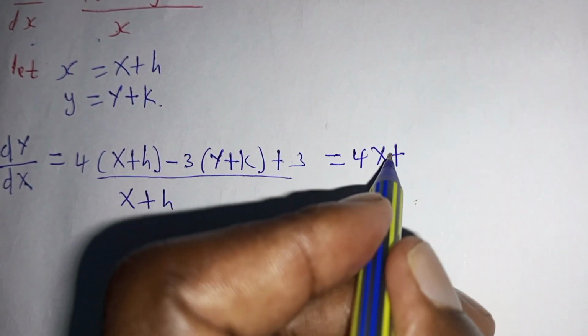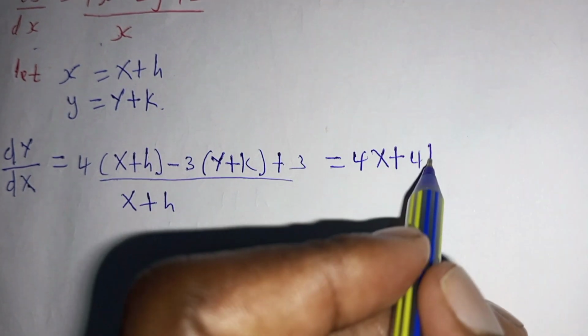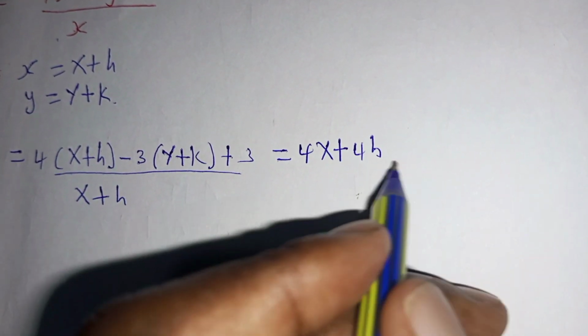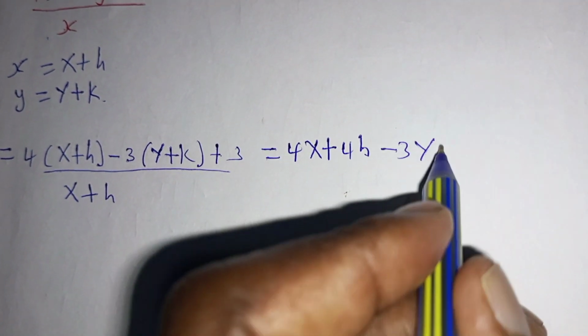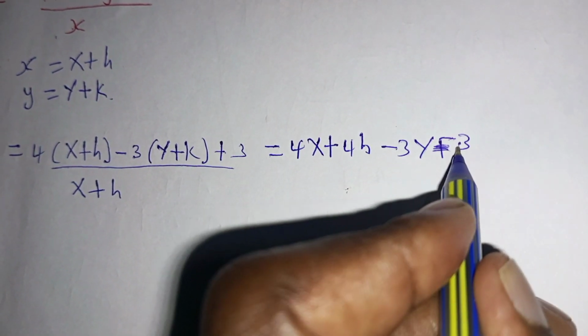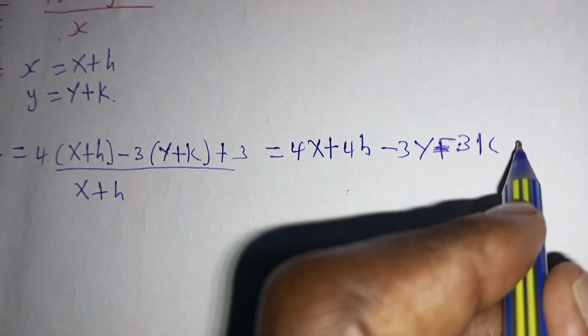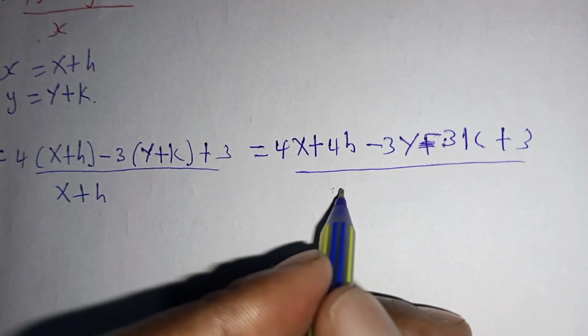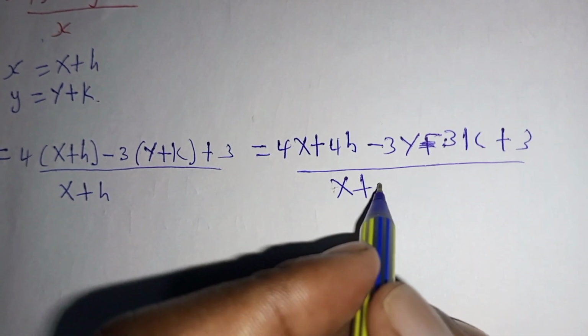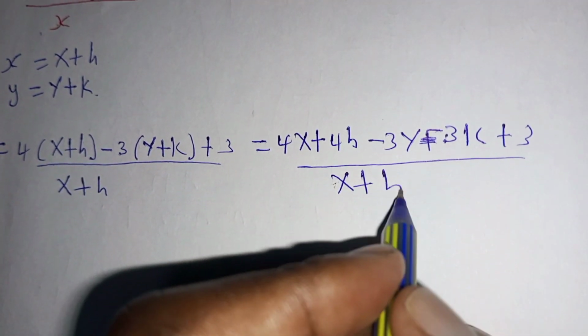You remove the bracket, this will be equal to 4x plus 4h, then minus 3y minus 3k plus 3. We divide by x plus h.